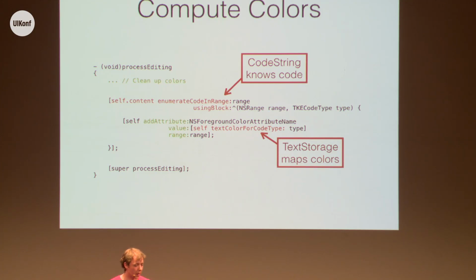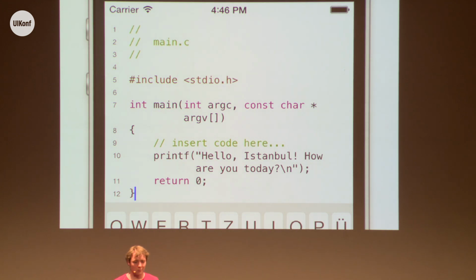It takes the knowledge about the type, the code type, which is just pragma, comment, and constant, and it turns it into a color and applies the color on the text. So that's it. All the code we actually had to write was just this one method. That was the interesting part.